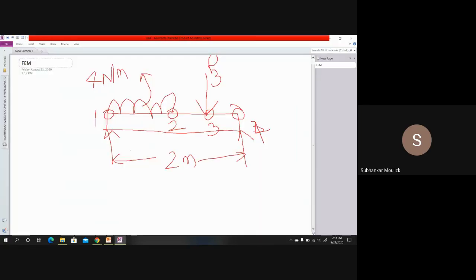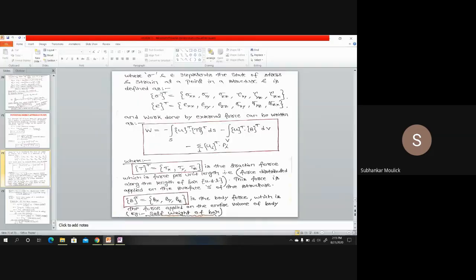By looking at this problem, I can see that the traction force is nothing but my UDL. So the magnitude of this UDL is your T into U. U means deflection of that particular element where that UDL is applied. This will be your traction component of work done. Minus, this is your work done due to body force.